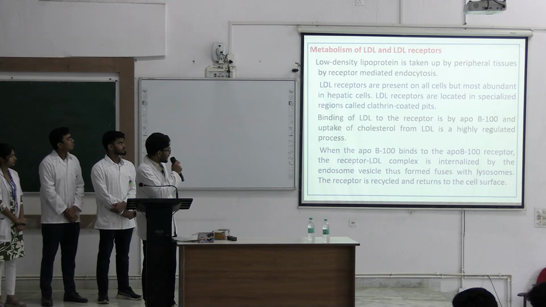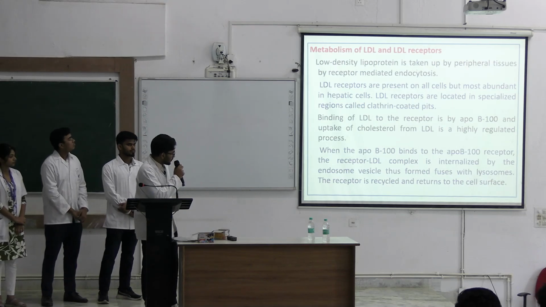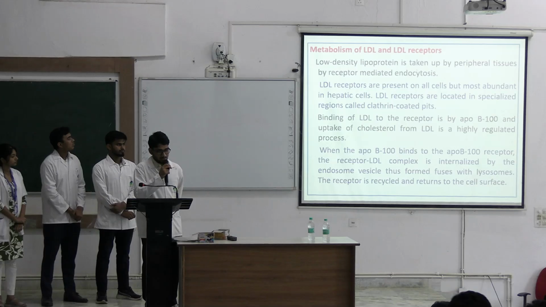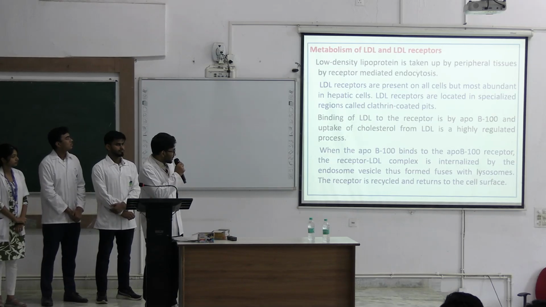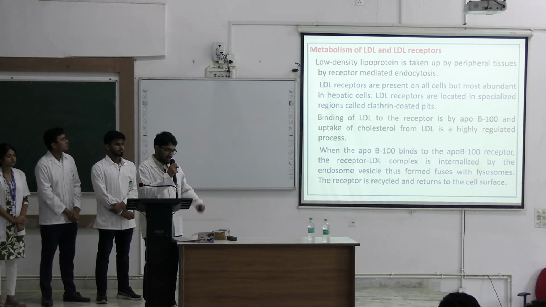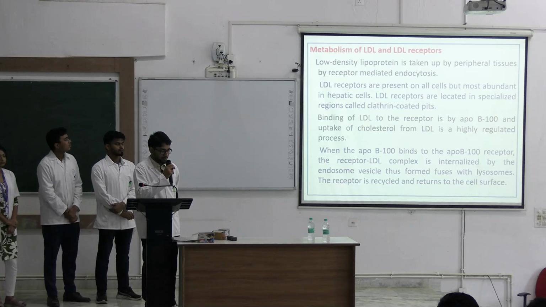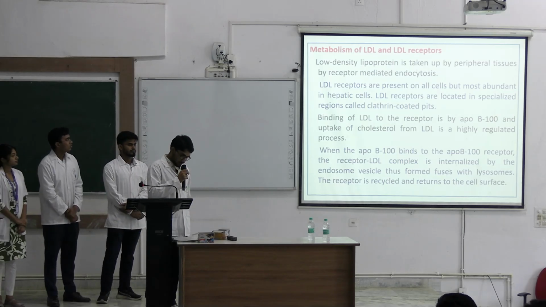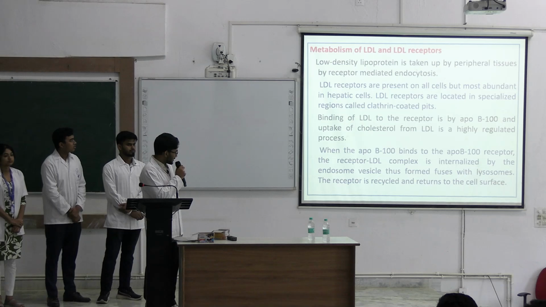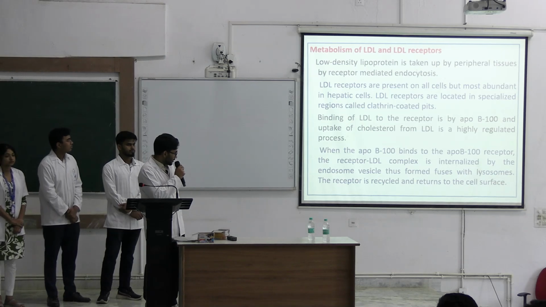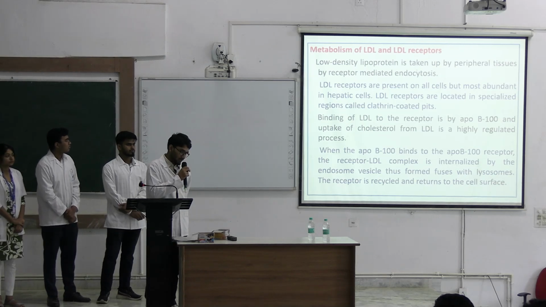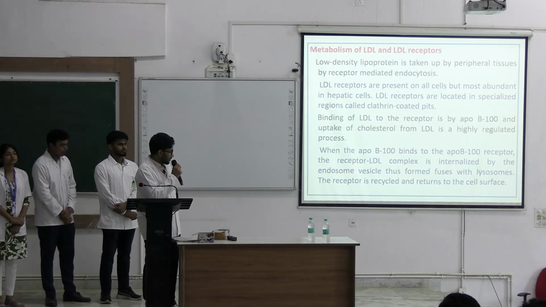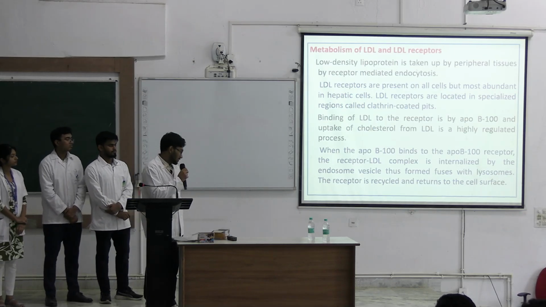Metabolism of LDL and the LDL receptor. Low density lipoproteins are taken up by peripheral tissues, and LDL receptors are present on all cells but mainly abundant on hepatic cells. The receptors are present on pits, called clathrin-coated pits, and binding of LDL to the receptor is by ApoB100. So the uptake of cholesterol from LDL is a highly regulated process.